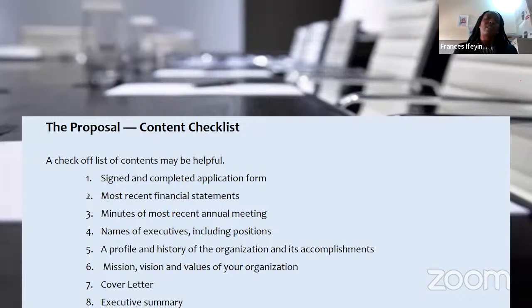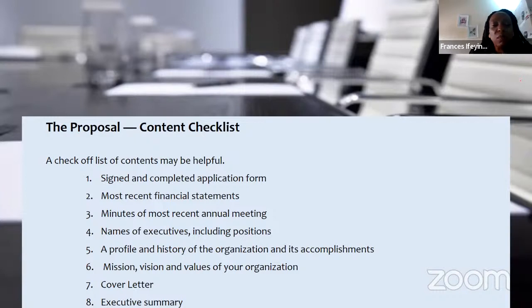We have two: you have your budget, and some of them may actually want the financials of the organization. So depending on their terms and conditions, we make those available.